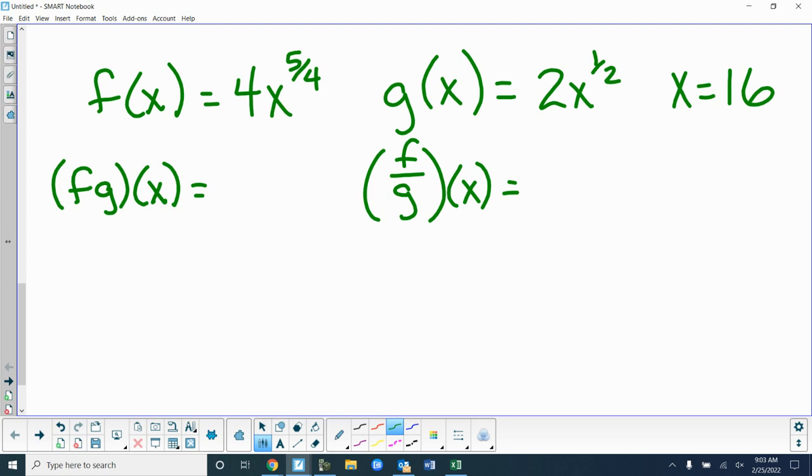So 1/2 is 2/4. And then when you get that answer, it's 7/4. That's the exponent for the X. Just multiply it. 8x to the 7/4. That's when you multiply. Now you can put 16.